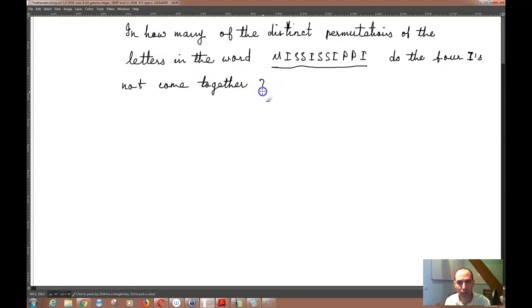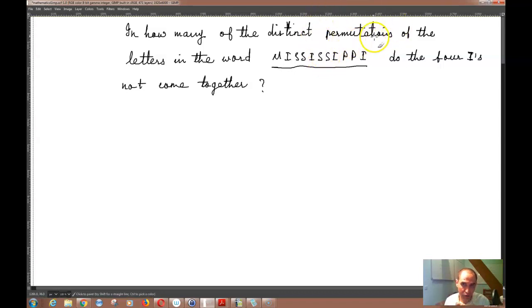Now, in order to calculate this, basically the question is, in how many of the distinct permutations? Of course, permutation by nature is distinct, although in such cases it's not going to be distinct, because the objects are repeated, so you have to take care of that.